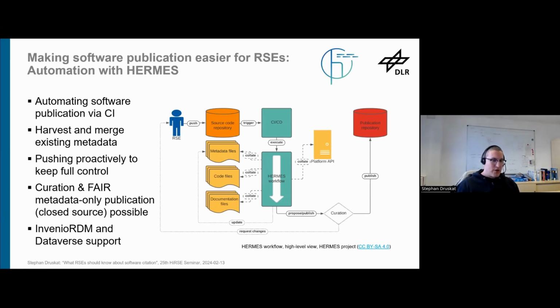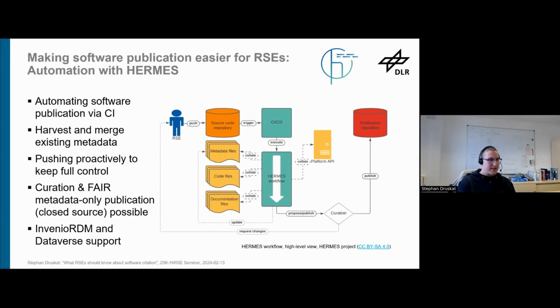It tries to make a coherent set of metadata for that specific version you want to publish, and it then presents that coherent set of metadata to you as the developer who wants to publish the software to check and to make sure that it's the version of the metadata you want to publish, and then you can automate the publication process from that.